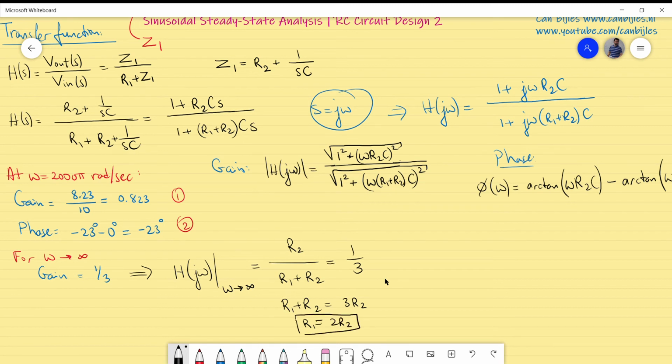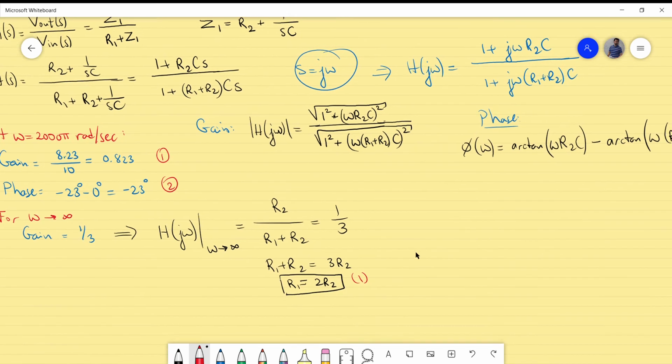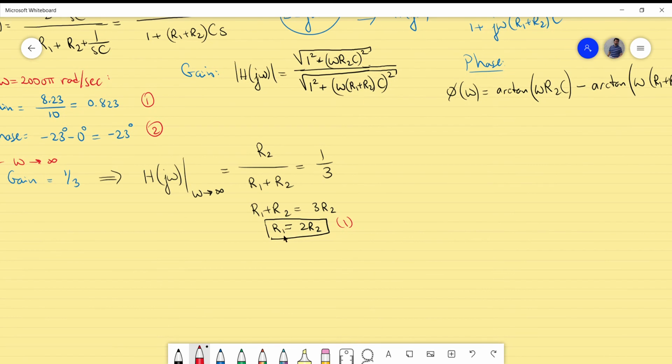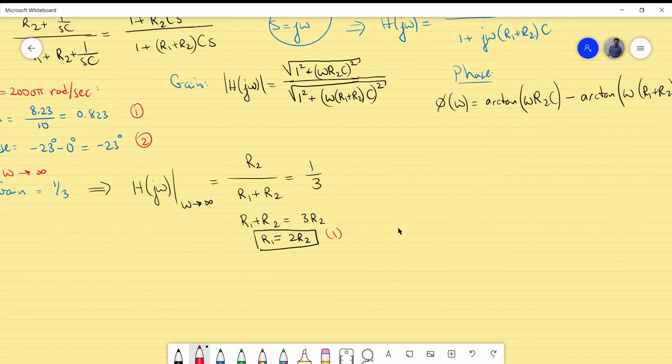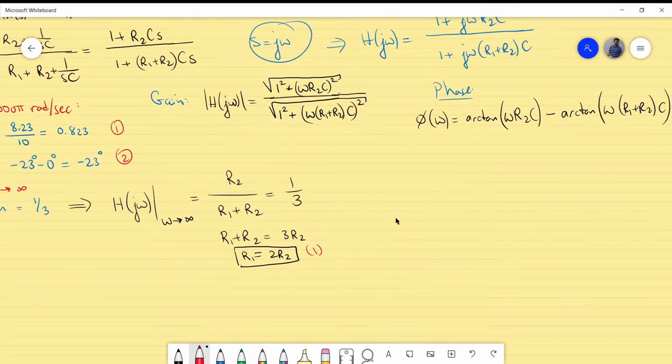So this is actually a very interesting result, and this will be our first equation. So R1 must be twice R2. So if I have the value of R2, I can just calculate the value of R1. It's actually a very simple expression for the first equation.